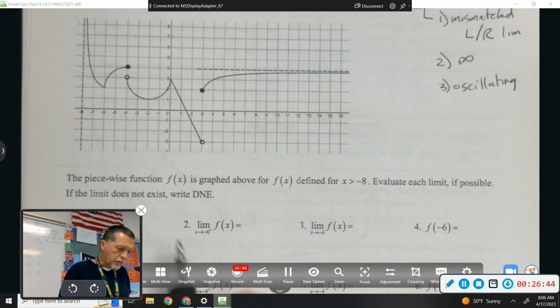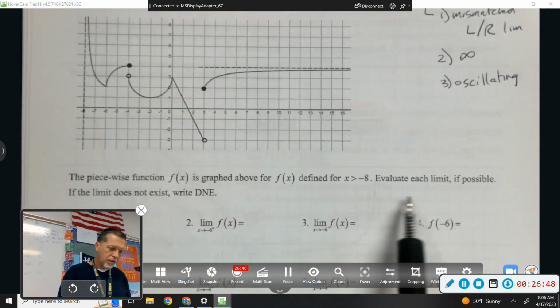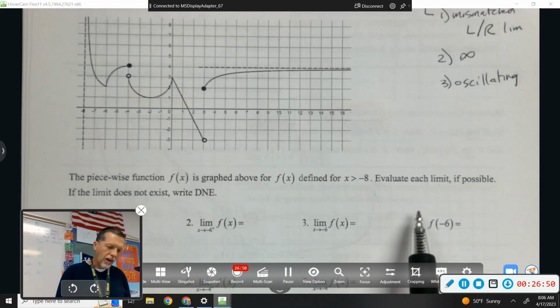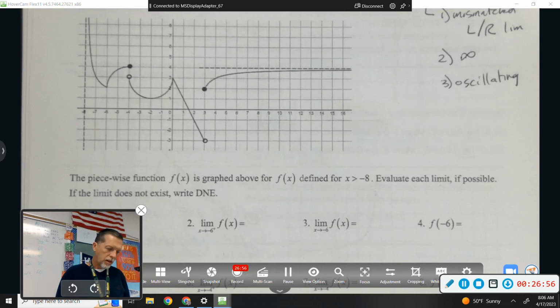All right, piecewise function f of x is defined above, or graphed above. Some wacky graph there. Evaluate each limit if possible. If it doesn't exist, write D and E. Let's see. I don't know that we need to do all of those. So let's do however many popsicles that we have left, so that everybody gets to play today.